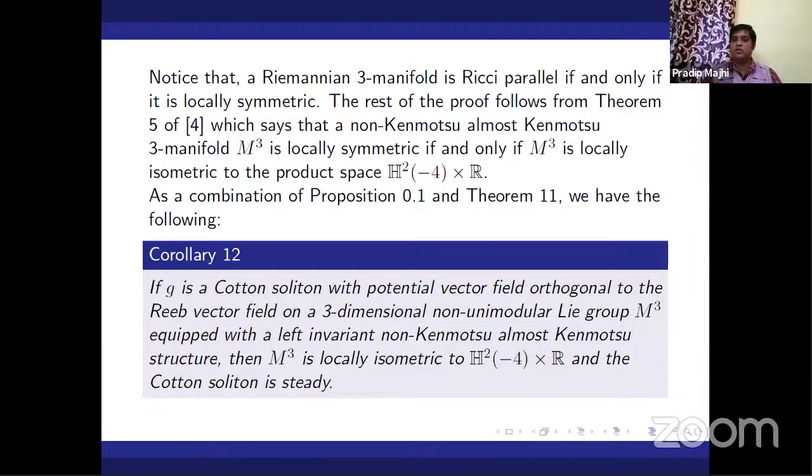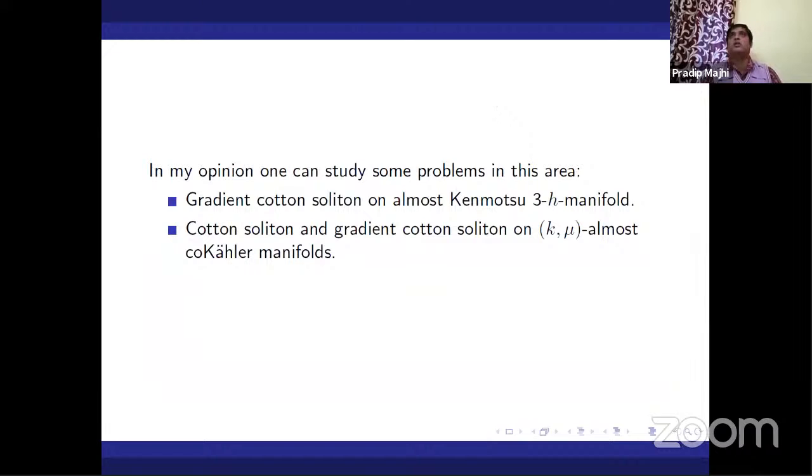So this is all about our results, and this paper is already on the arXiv. If anyone is interested, you can see the arXiv. This is a communicated paper, and it is joint work with my student Dibakar.